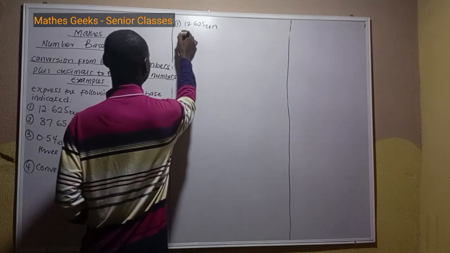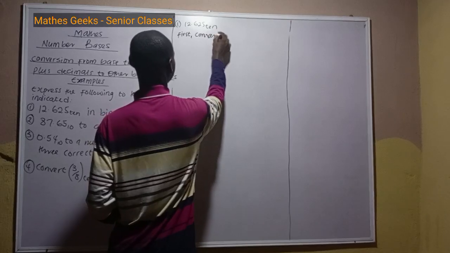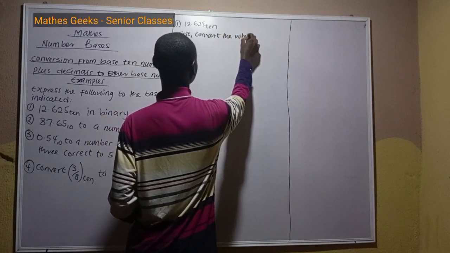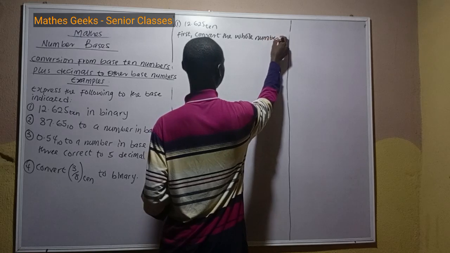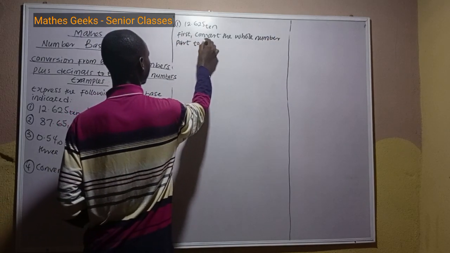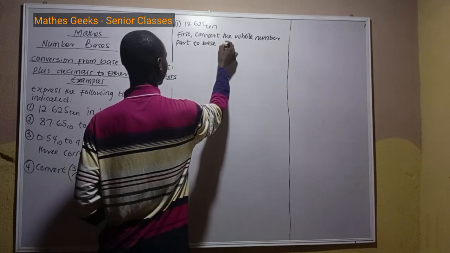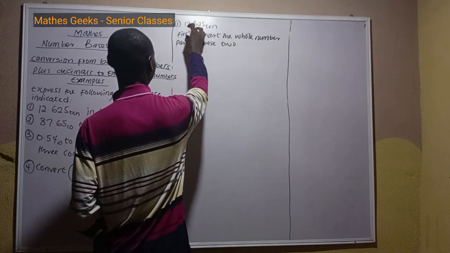So first, convert the whole number part to base 2. And the whole number part is 12.